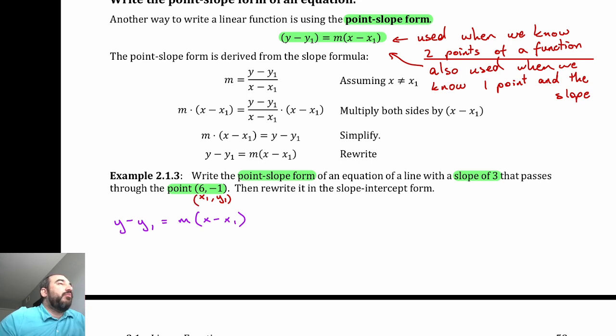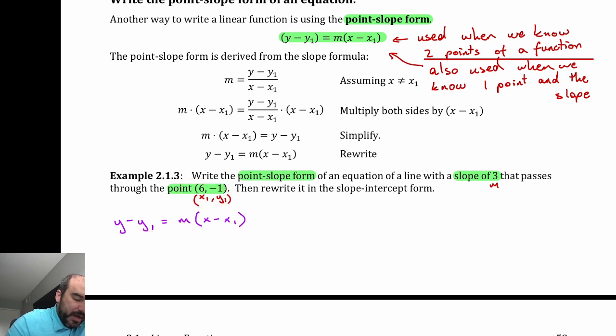Right, we're going to use that point as x1, y1 in our equation, and the slope is going to be m. So then all we do is we just take those pieces and we plug them into their respective places. So this y is not something we plug in for, and this x is not something we plug in for. So we're going to plug in the m here, and we're going to plug in the x1, y1 from the given point.